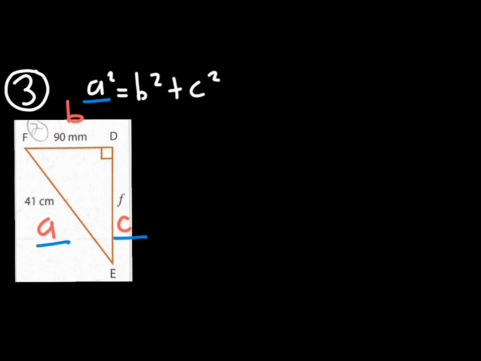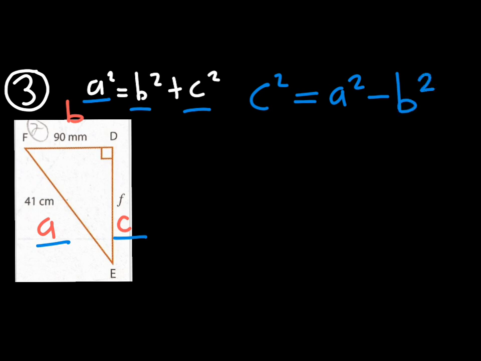The hypotenuse squared is equal to the other side squared plus the other side squared. Okay, I know I said the other side twice there, but what I meant was the other two sides, not the hypotenuse. Alright, so we then need to say c squared equals a squared minus b squared.